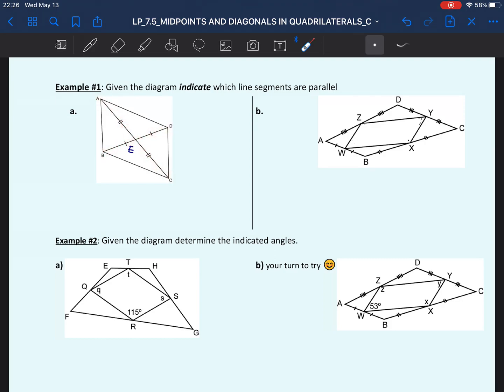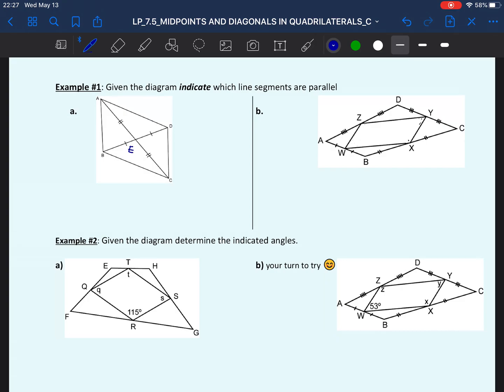So that means that these two diagonals bisect each other. Diagonals bisect each other in parallelograms, which means that A, B, C, D must be a parallelogram.